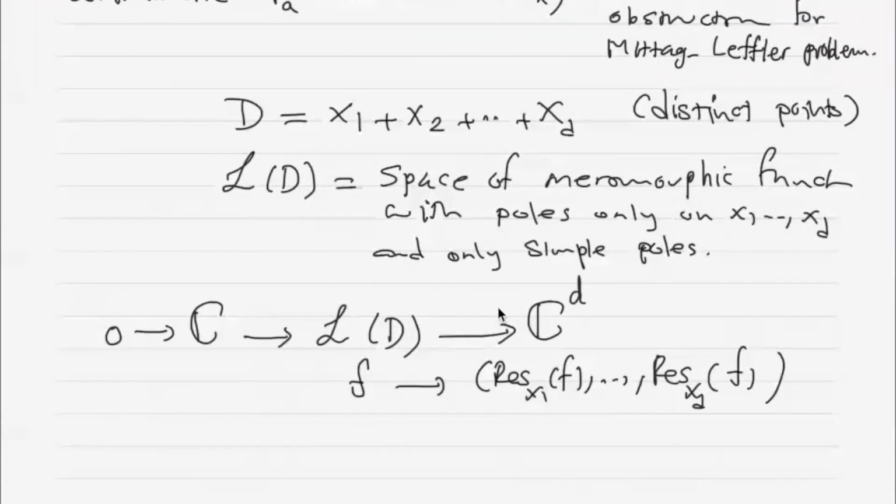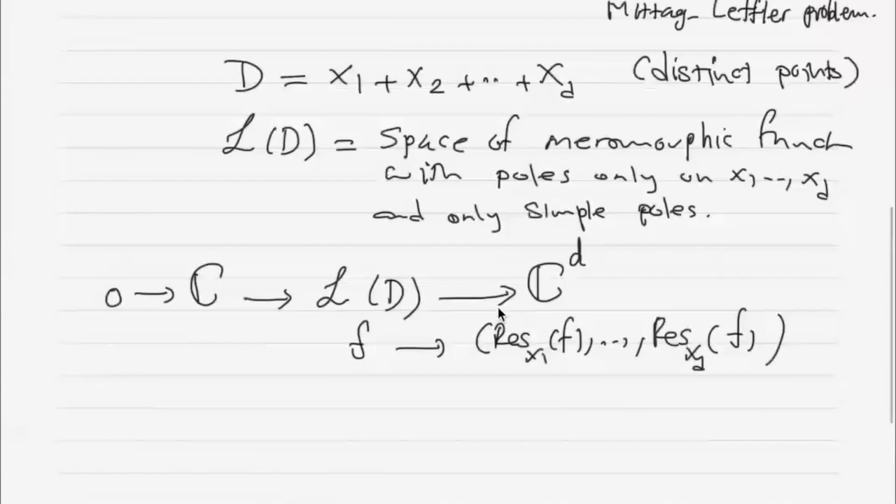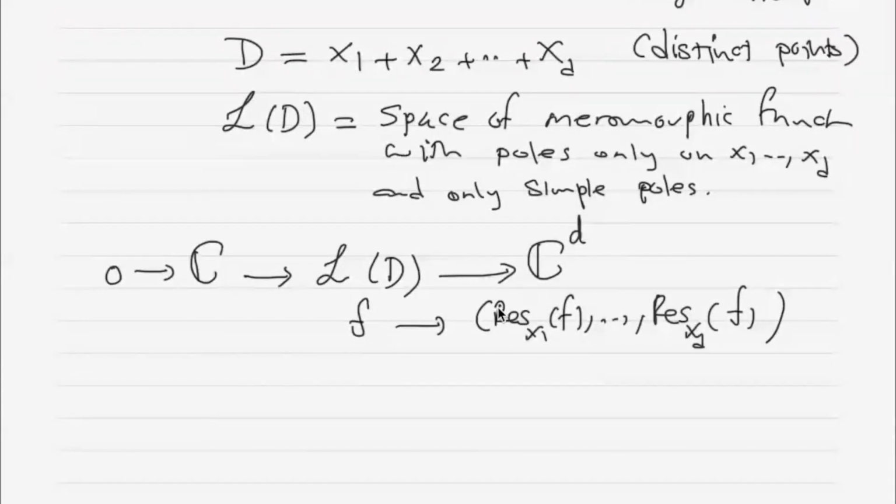And therefore, f is a holomorphic function on the entire space X. And we all know, because X is a compact Riemann surface, there are no non-constant holomorphic functions on X. This follows from Liouville's theorem, or there are other ways to prove it. But this is a well-known fact. And therefore, you see that the dimension of L(D) is at most d plus 1.